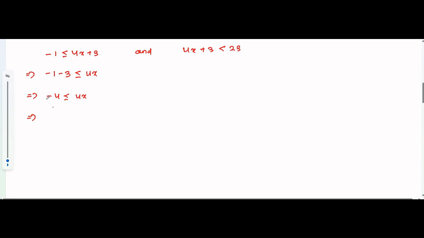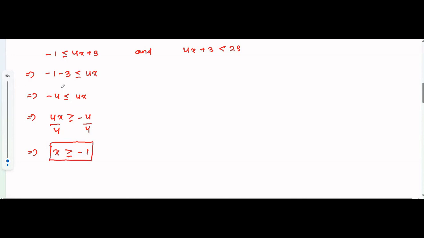But there is no need of that, we can simply do another thing. Minus 4 is lesser than equal to 4x, so 4x is greater than equal to minus 4. If we divide both sides by 4, we will have x greater than equal to minus 1.